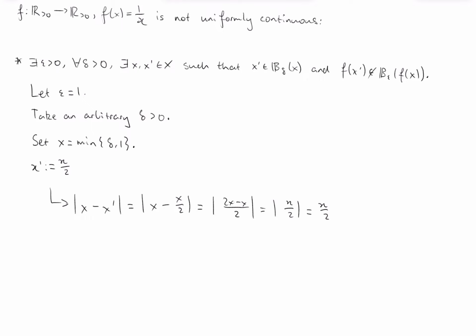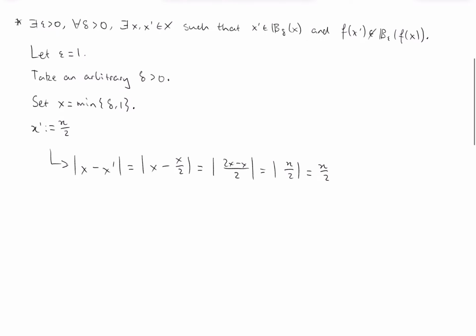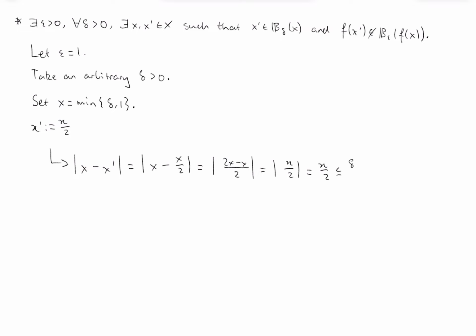So we still don't have an inequality, but since x equals the minimum of delta and 1, we have that x over 2 is less than or equal to delta over 2. And delta over 2 is certainly less than delta.